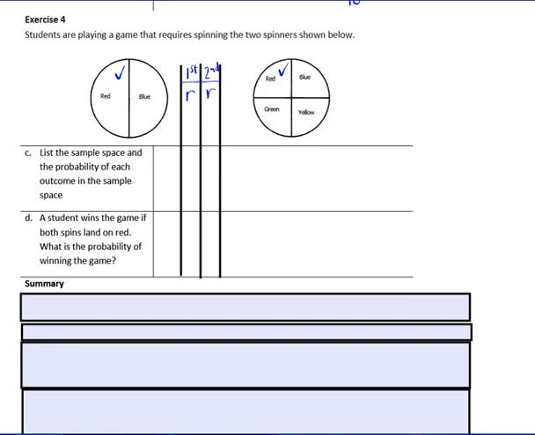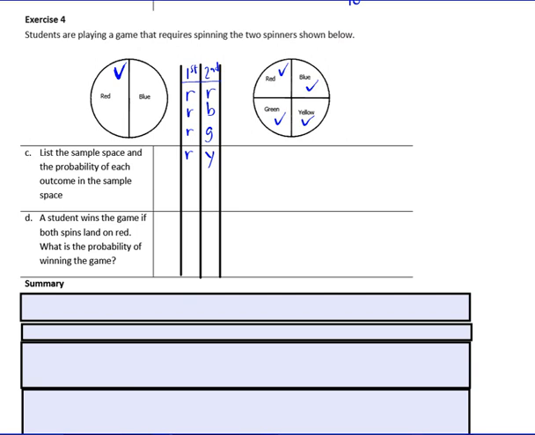Now let's say I get red on the first, and then I spin the second one, I could get blue. So another combination would be red, blue. Another combination would be red with green, and a fourth combination would be red with yellow. So those are all of the combinations if I get red on the first spin.